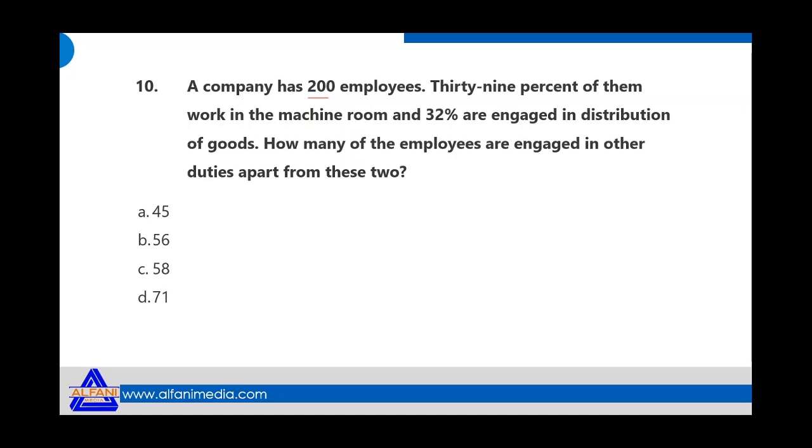The easier way we can do this is to work with percentages. 100% equals 200 employees. When something is 100%, it is full. We've already been given 32% and 39%. So to get 100%, all that we need to do is add up our 39% plus our 32%.